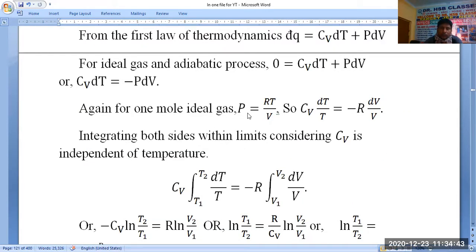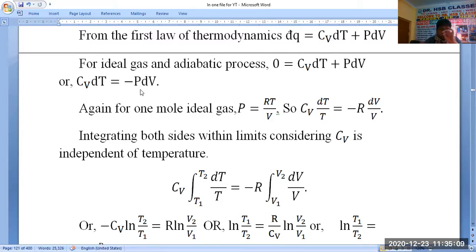And we know from the ideal gas equation for 1 mole, P equals RT by V. So Cv dT equals minus RT by V into dV, then this T will go to the left side, so Cv into dT by T.